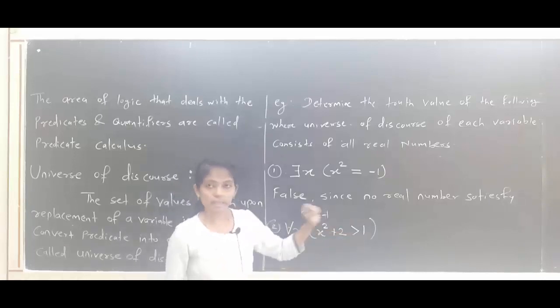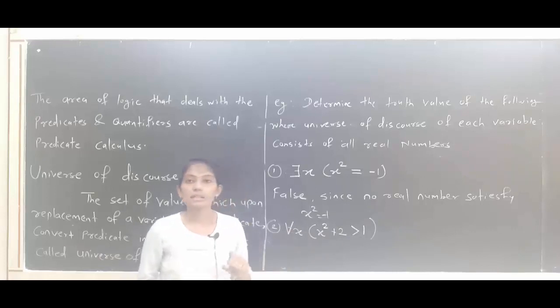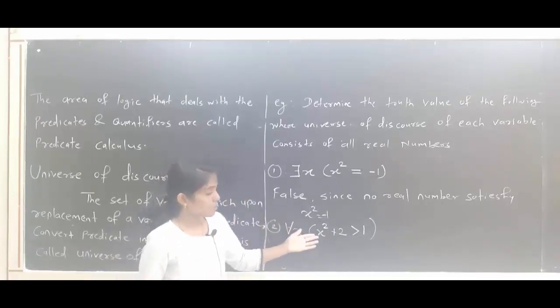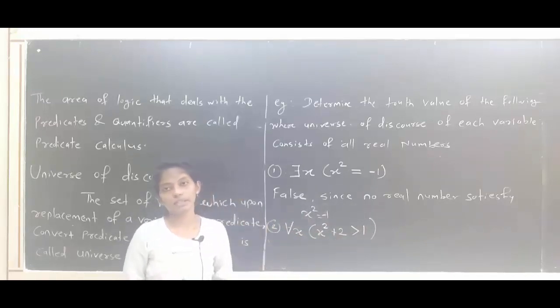So 3 is greater than 1, right? If we take 0, then again it satisfies the given equation. If we take the minus 1, so minus 1 square is again 1, 1 plus 2 is 3, so it is again greater than 1.